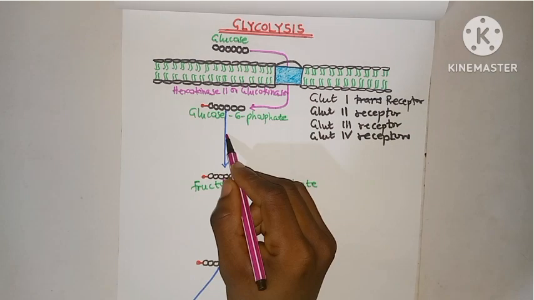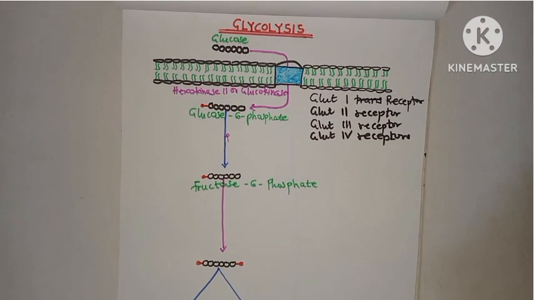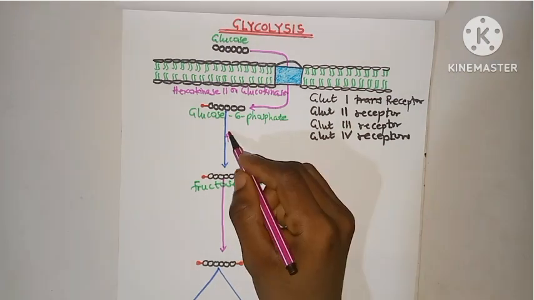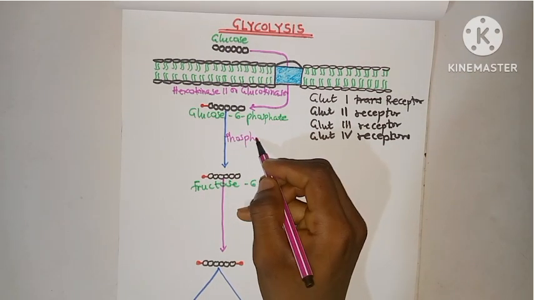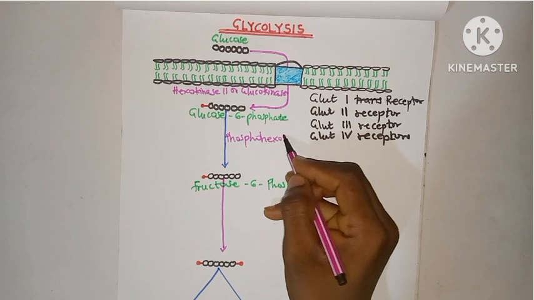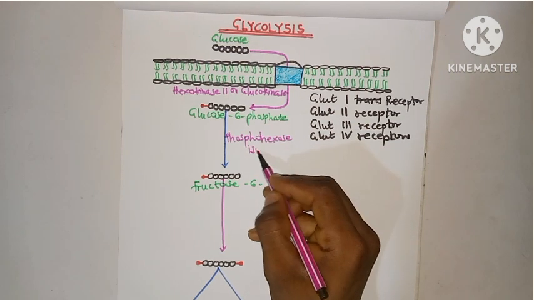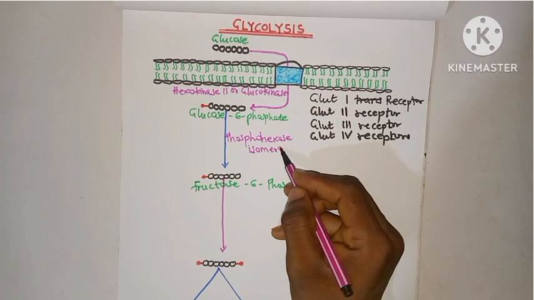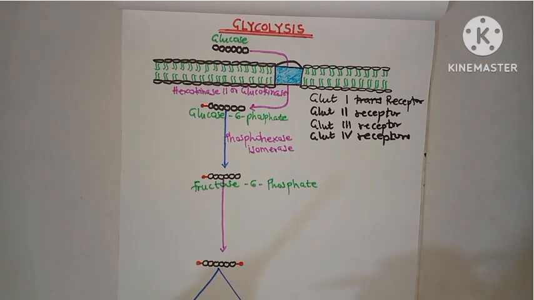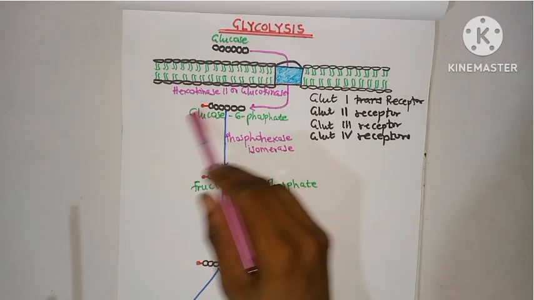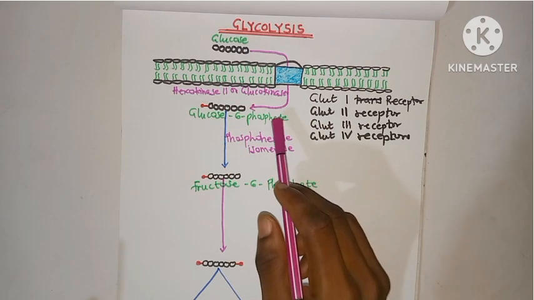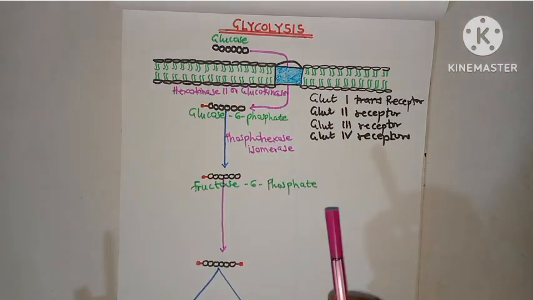So this enzyme will come in and convert glucose 6 phosphate to fructose 6 phosphate.